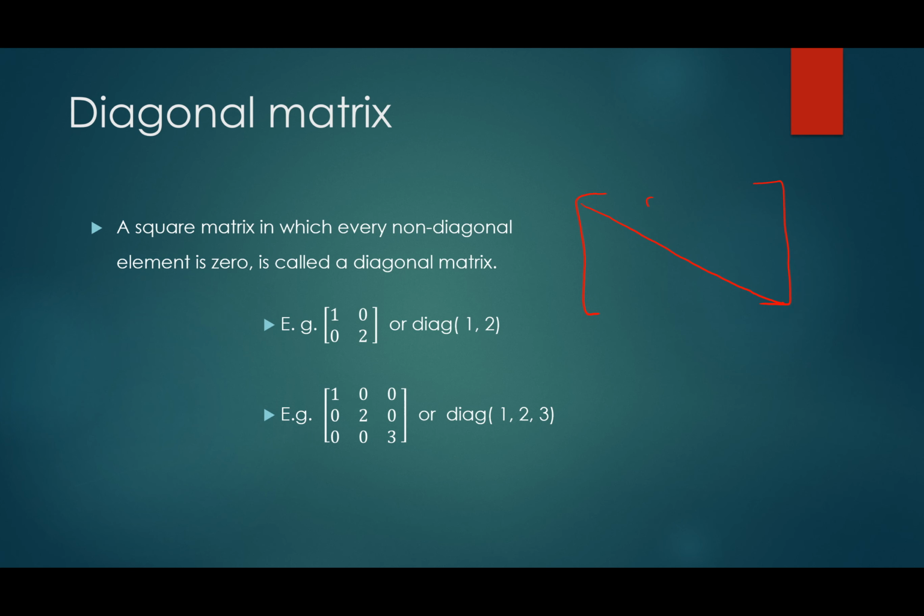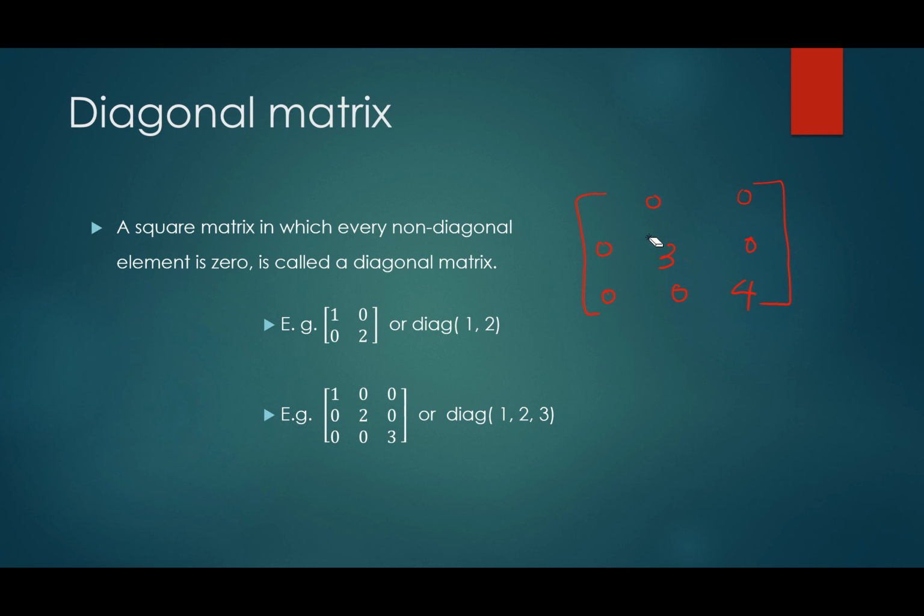Suppose I have a matrix whose non-diagonal elements are 0, and the diagonal elements, as I have written over here, are 2, 3, 4. I have given an example also. The very important part is that these diagonal elements are not equal, then this kind of matrix is called a diagonal matrix. You got the point? It is called a diagonal matrix.